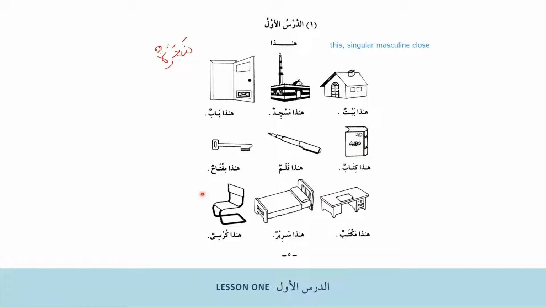None of these words have a round ta. So we can see all these words are singular and also masculine because they don't have a round ta. And you're pointing at these objects or places when they are close to you.